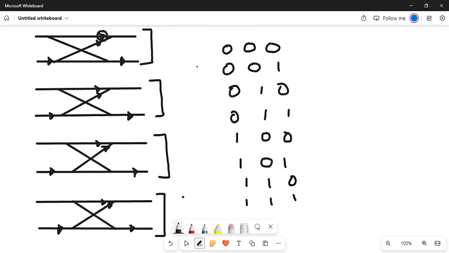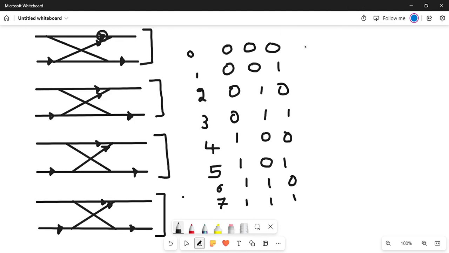These are the binary values of 0 1 2 3 4 5 6 and 7, right? So I'll reverse this binary value.